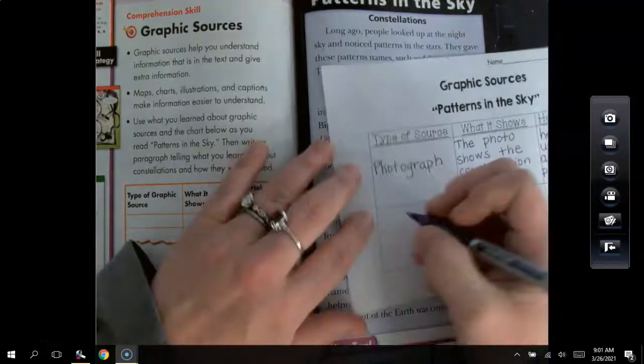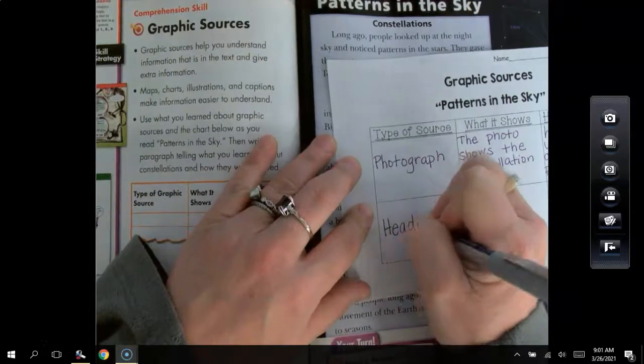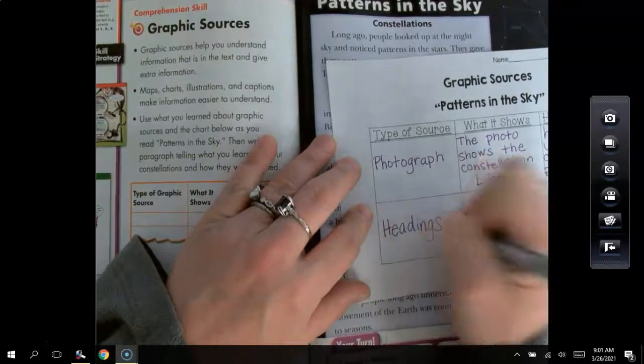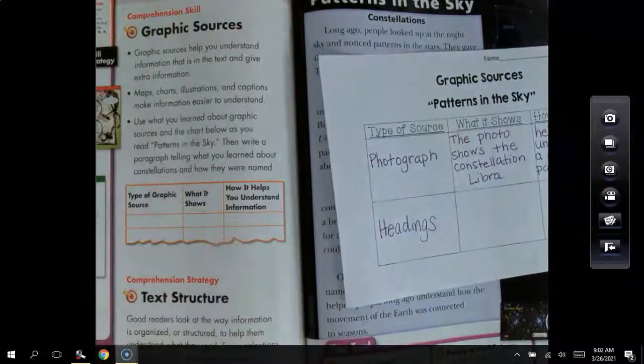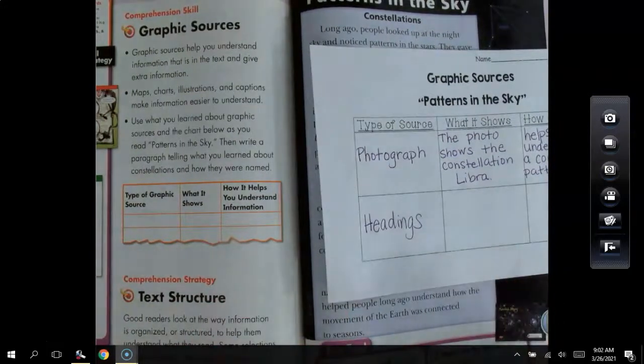So headings give us a lot of information about what we are going to be reading about. Okay, so headings is another type of graphic source. So go ahead and write headings. That's another graphic source that we see in our reading.